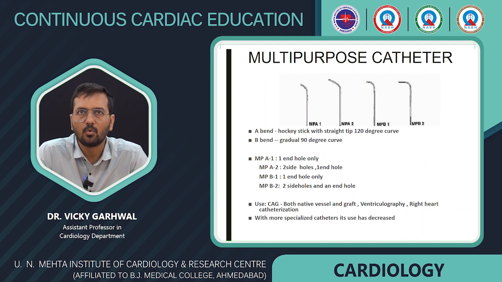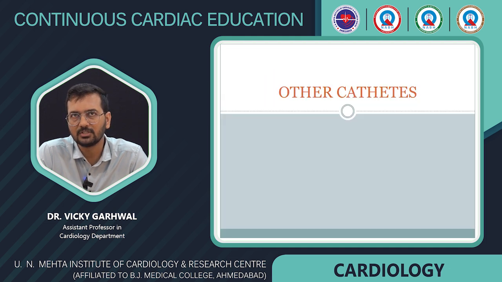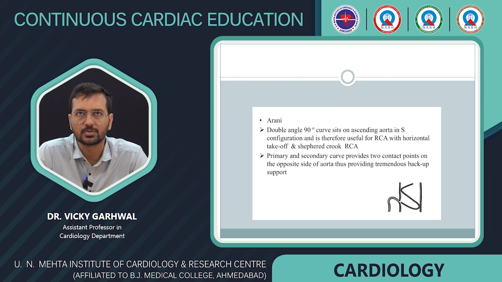MPA has a more straight tip with a 120-degree angle, but MPB has a gradual 90-degree curve. And 1 and 2 depend upon the side holes. All have an end hole, but MPA 2 has 2 additional side holes. They are used for CAG of both native vessels and graft vessels, ventriculography and right heart catheterization. With more specialized catheterization, its purpose is reduced.